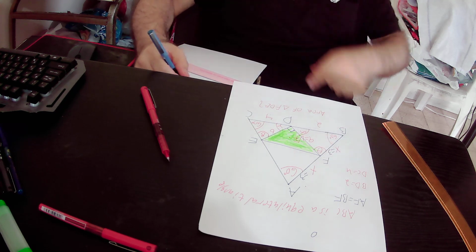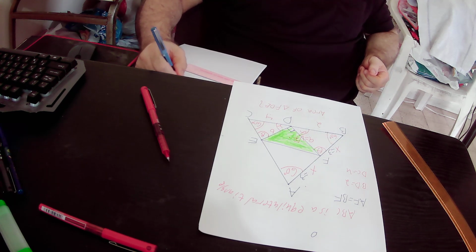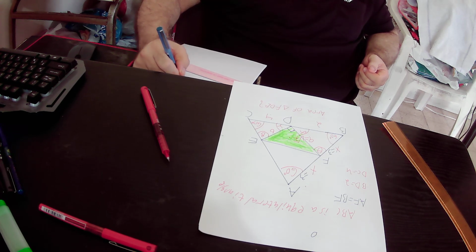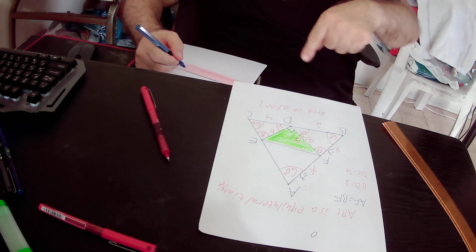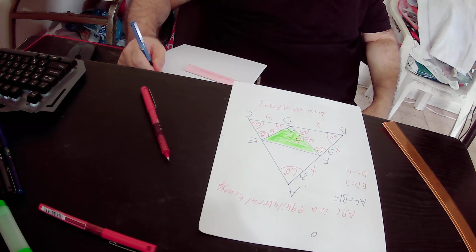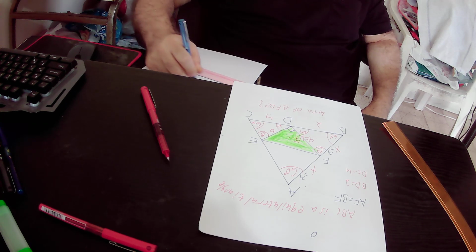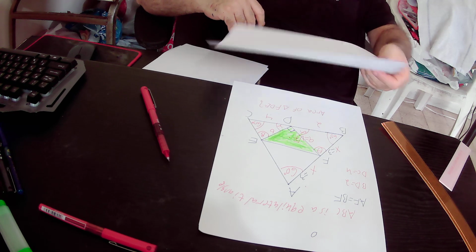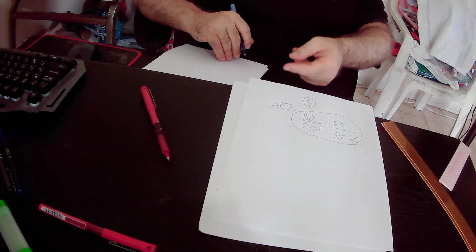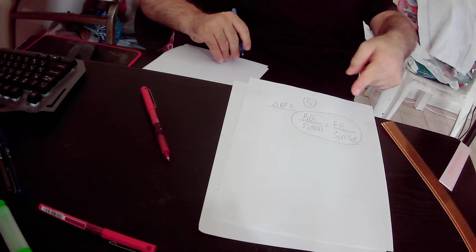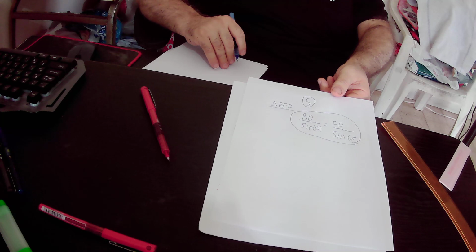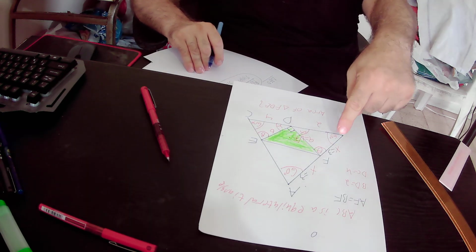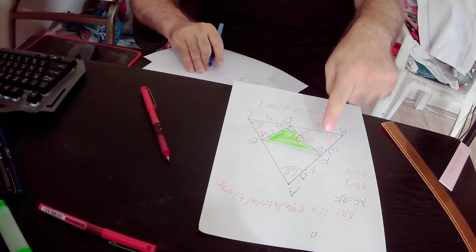According to the law of sines, in triangle BFD, BD over sine theta equals FD over sine 60 degrees.